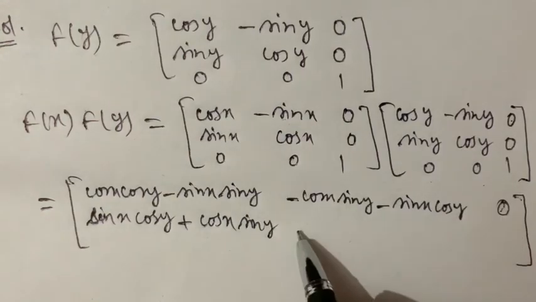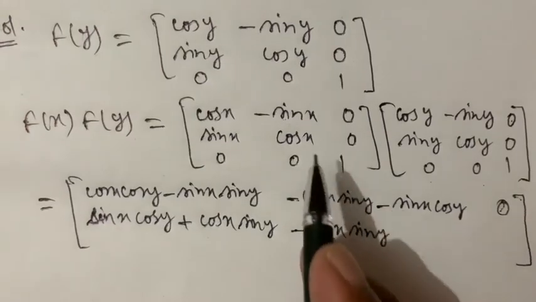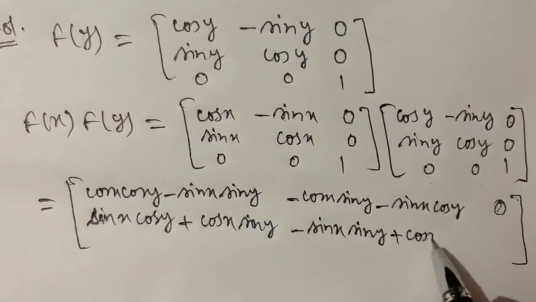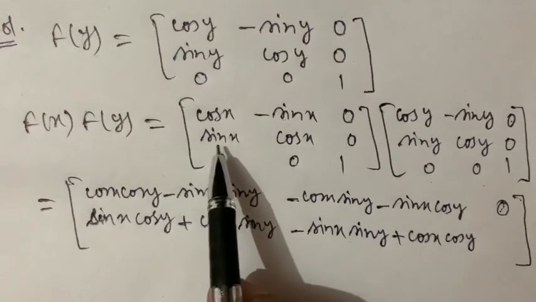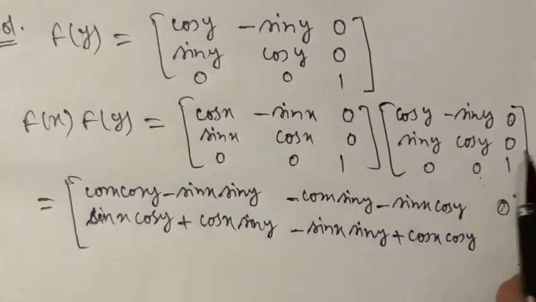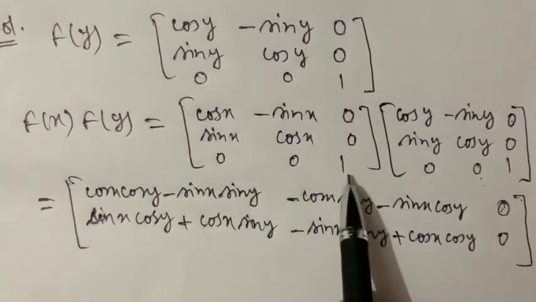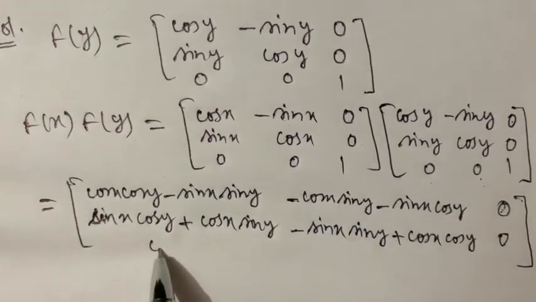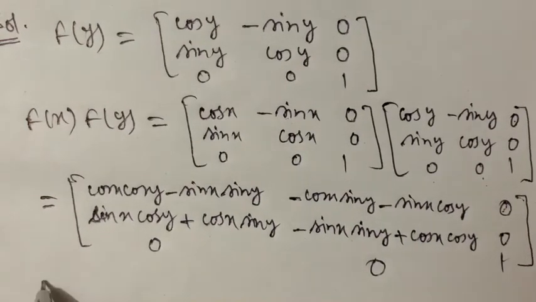Then we have minus sin x into sin y, and then we have cos x into cos y, and then 0 will get multiplied with 0, again 0, 0 and 0. So we will have 0 there. Now 0, 0, 1, 0, 0 and 0. So it will be 0, 0, 0 and it will be 1.